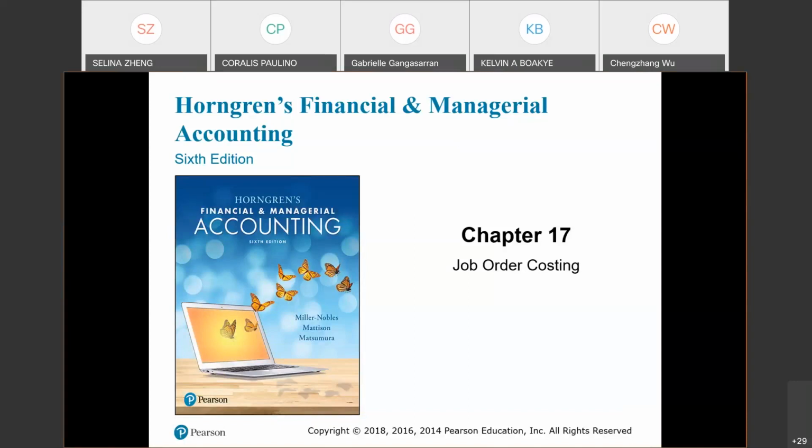As I said, the biggest difference between managerial and financial accounting is that the financial information prepared in managerial accounting is provided primarily to the internal users. For example, the company's managers and the employees.